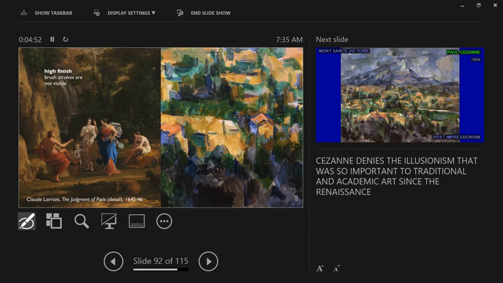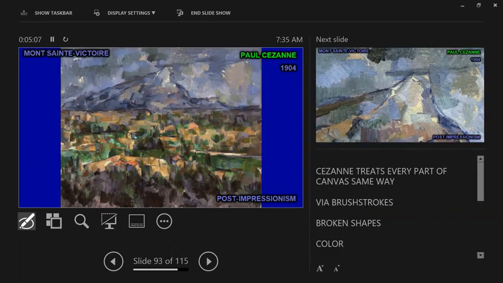One of the things that traditional artists will do is that things that are up close are highly detailed, and things that are far away are not as detailed. But with Cézanne, everything has the same level of detail. What's up close and what's far away has exactly the same level of detail, and that compresses the space.